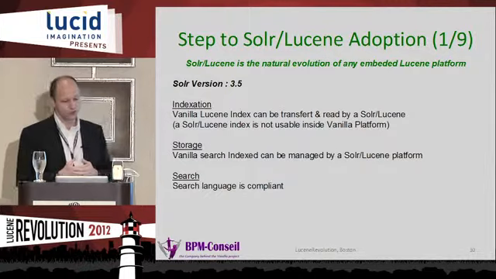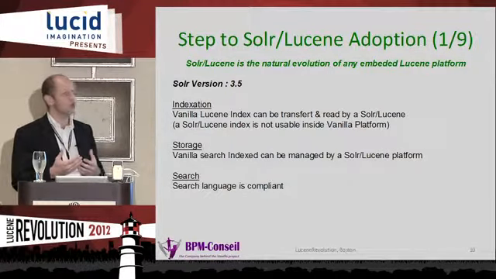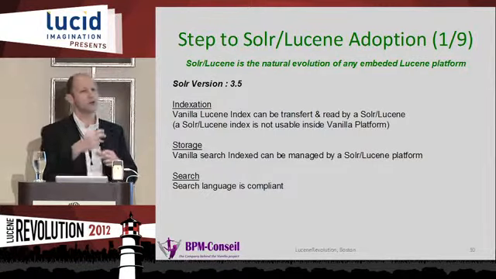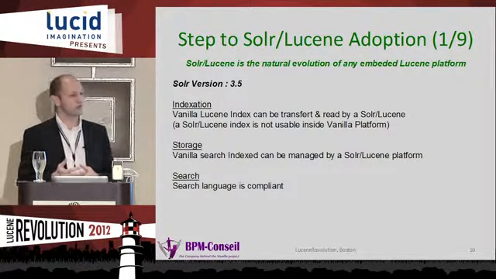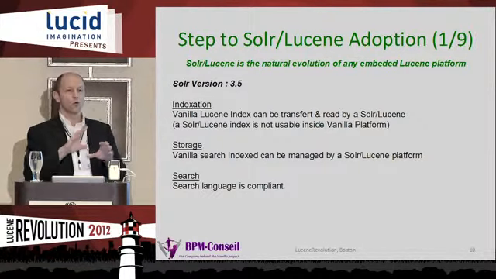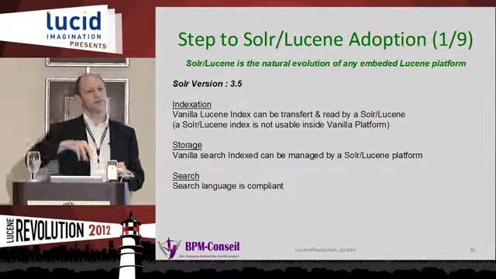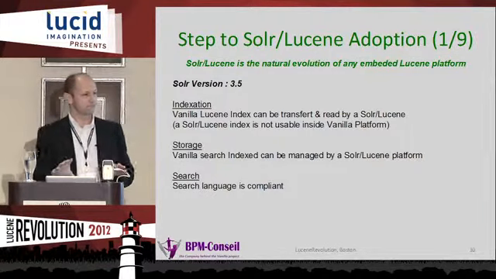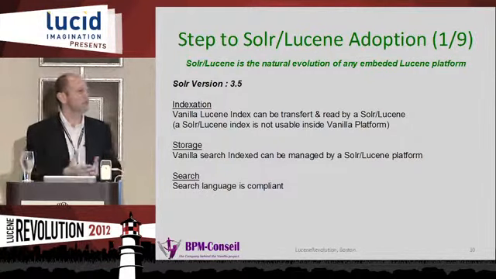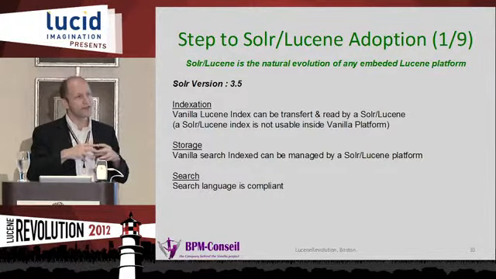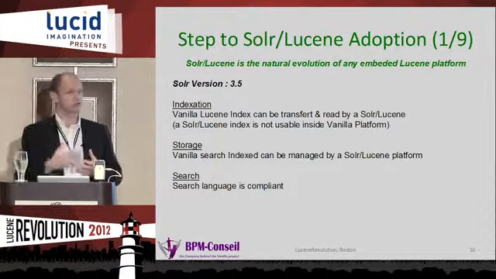What we tried to do, talking about indexation, was take the Vanilla index and move it into a Solr Lucene external platform, and everything is okay. You can take your Vanilla index and move it into Lucene. We tried to do the opposite, take a Lucene index and put it into Vanilla, and it failed. We did not look at why, because there was no interest at all. But taking our embedded index externally was a solution.